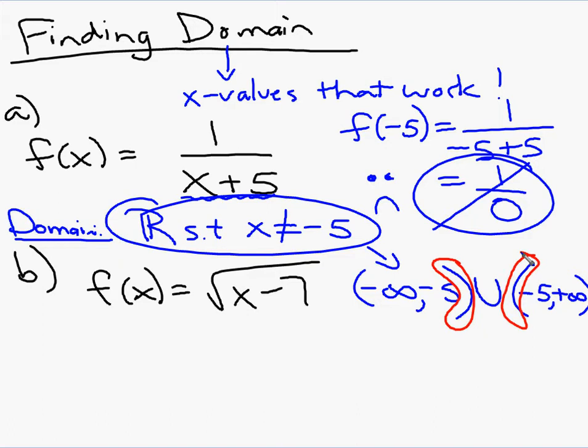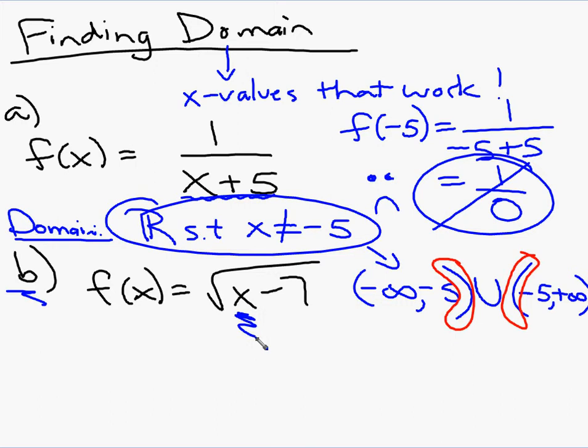Now let's look at question B. If I have a square root function, can I take the square root of a negative? I mean, I can get an imaginary number, right, but I'm not going to get a real number. Those aren't going to show up on the graph or anything. So, as I look at this x right here, what's the turning point?